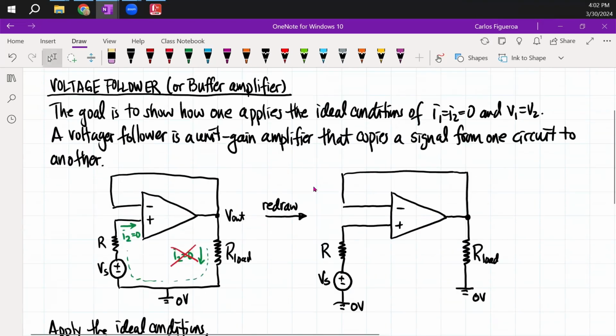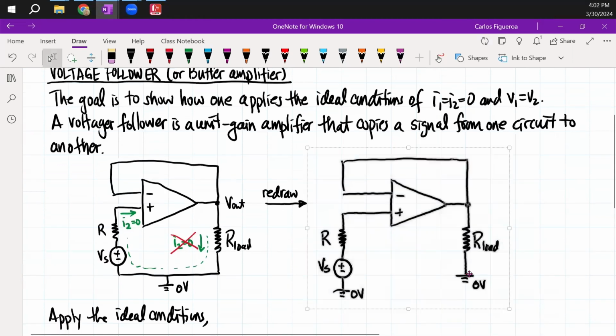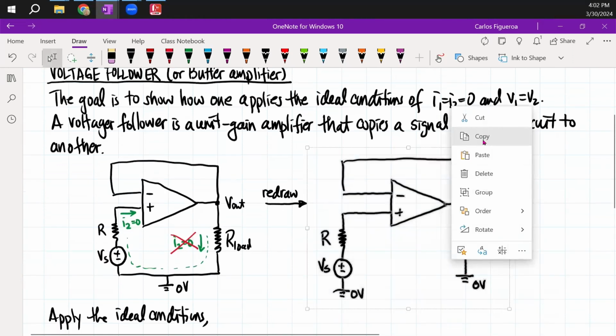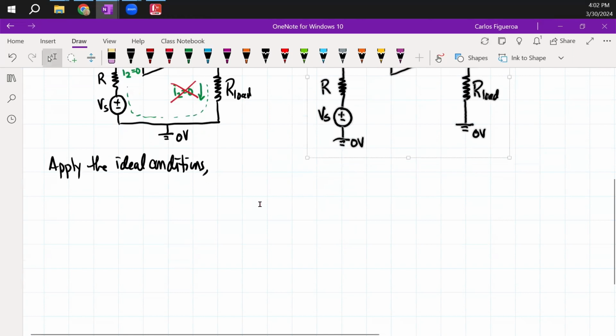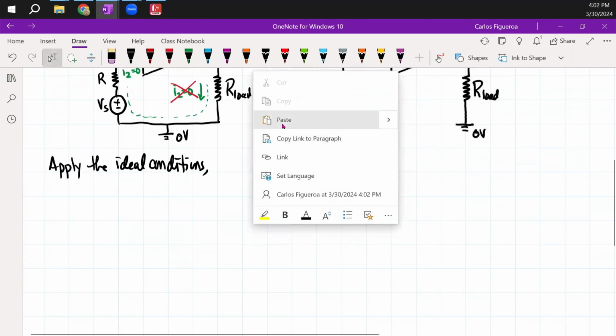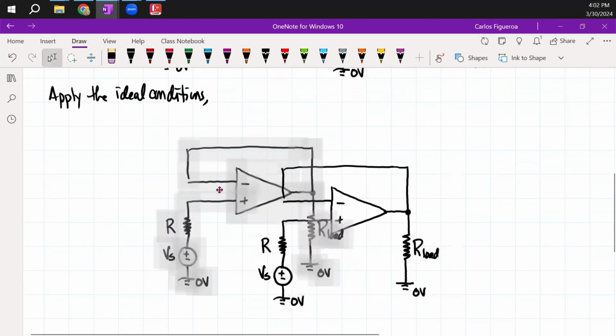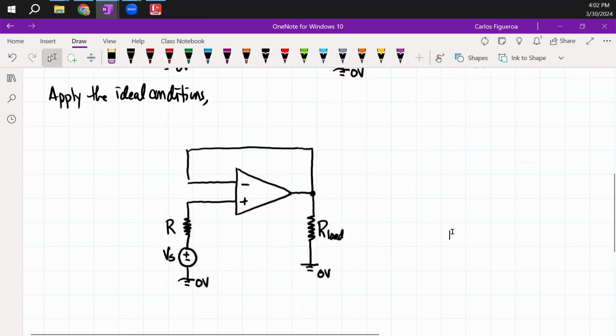I think I'm going to copy this and just paste it down here just so that we have a good flow. So if I paste this right here, what we know is that the ideal condition says that I1 and I2 are equal to 0. So let's focus on that.